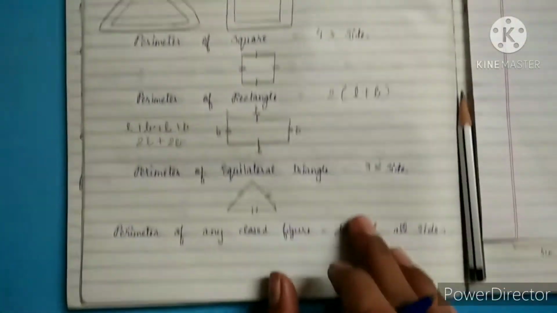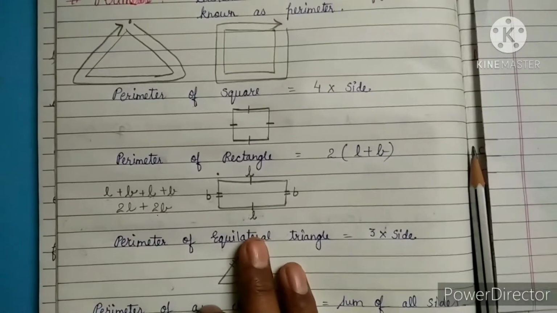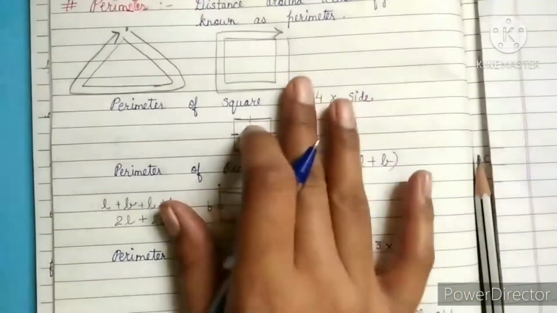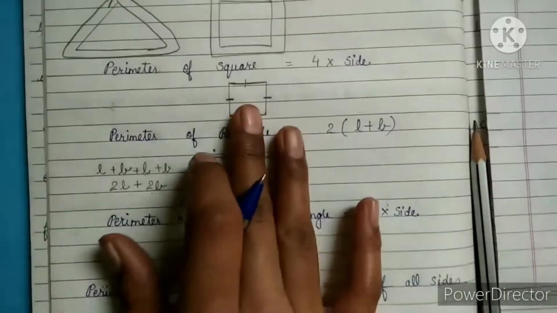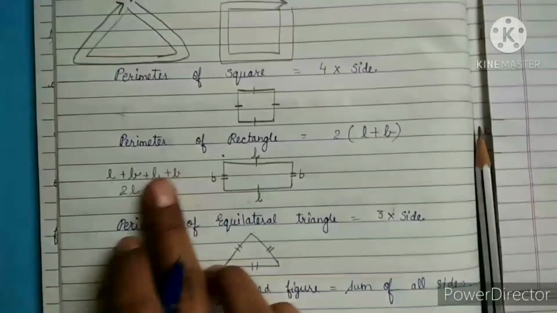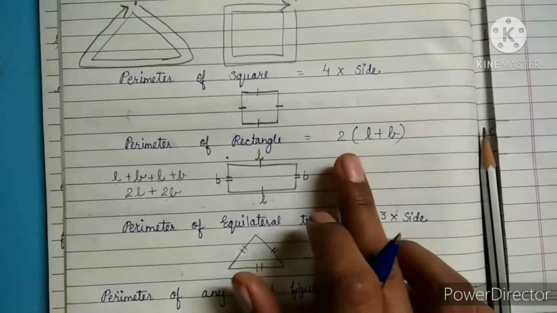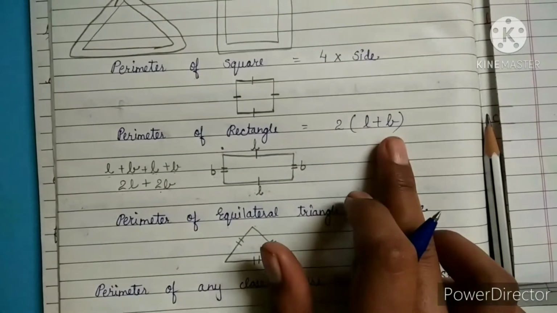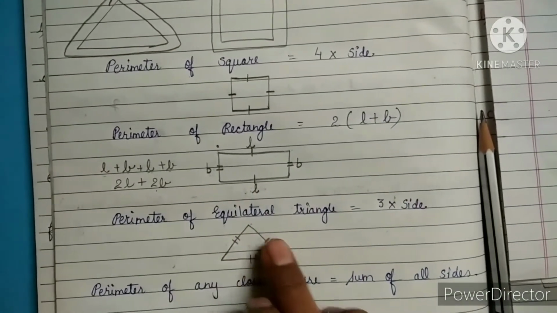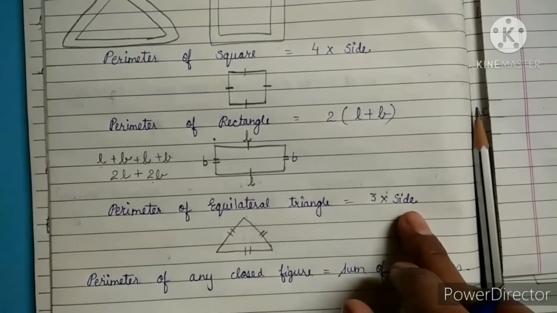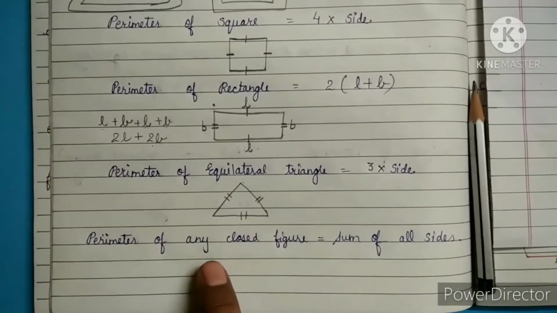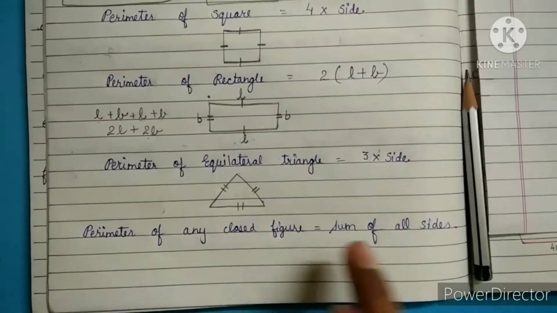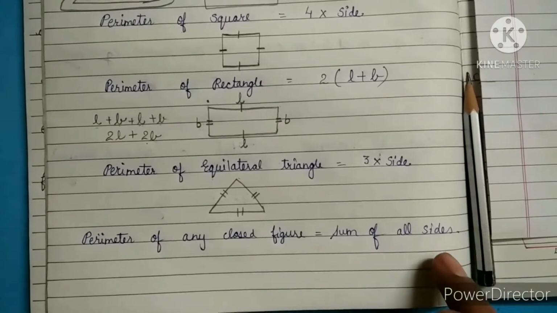So here is the perimeter. Distance around a closed figure is known as perimeter. Perimeter of a square is 4 into side. Perimeter of a rectangle is 2 into length plus breadth. Perimeter of an equilateral triangle is 3 into side. And perimeter of any closed figure is equal to the sum of all sides.